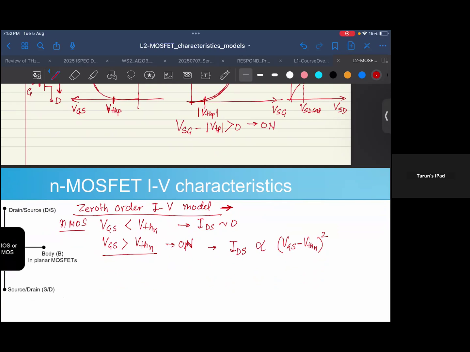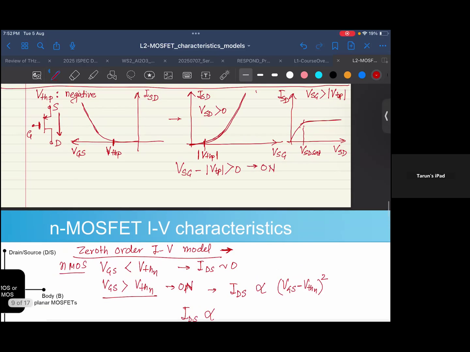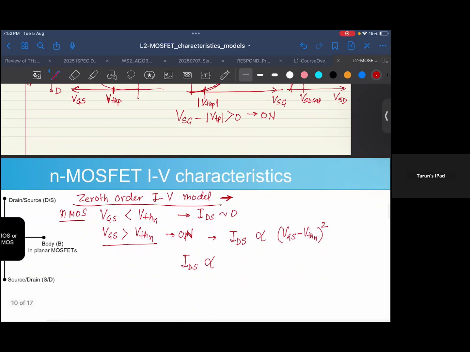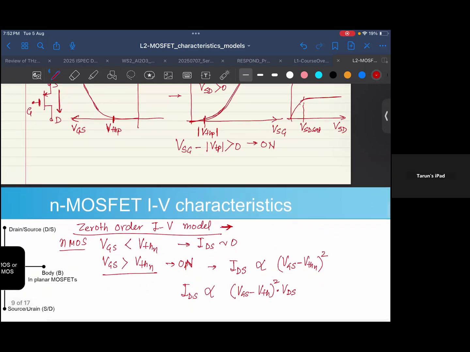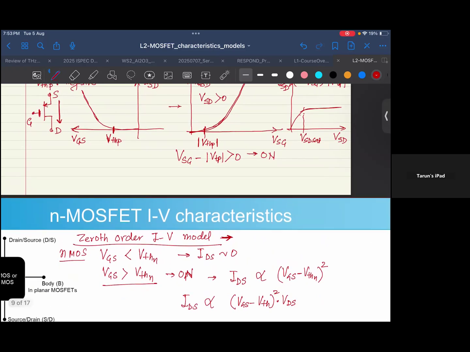Now one can say, okay, if that is the case, where is the VDS dependence, right? So then we have to put in the VDS dependence. To put in the VDS dependence, we can see that initially it actually increases linearly, right? So the current is anyway increasing quadratically, but we need to include the VDS dependence linearly. Now even if we make it linear, you see that after a while it becomes constant, right?